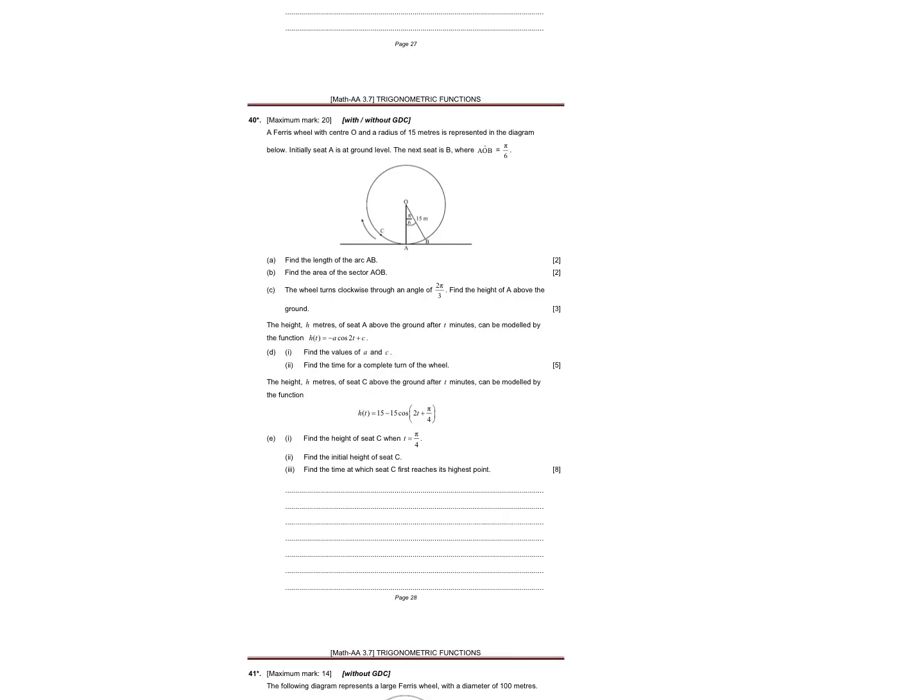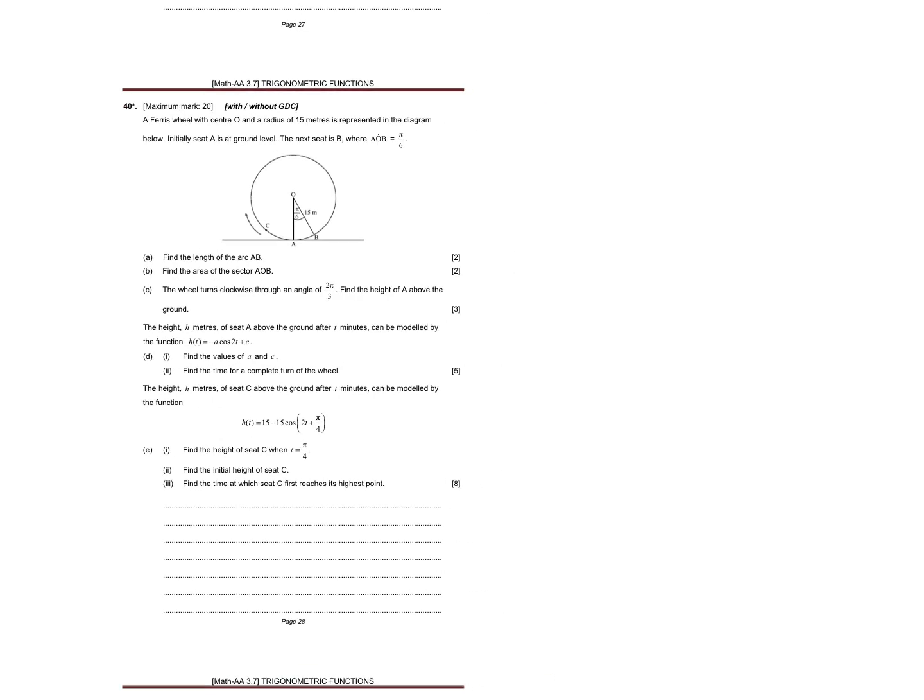All right, number 40. A Ferris wheel with center O and radius 15 is represented in the diagram. A is at ground level. The next seat is B at pi over 6. Find the length of the arc AB.